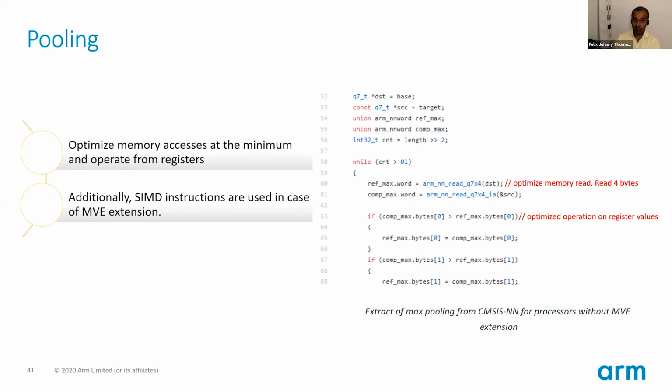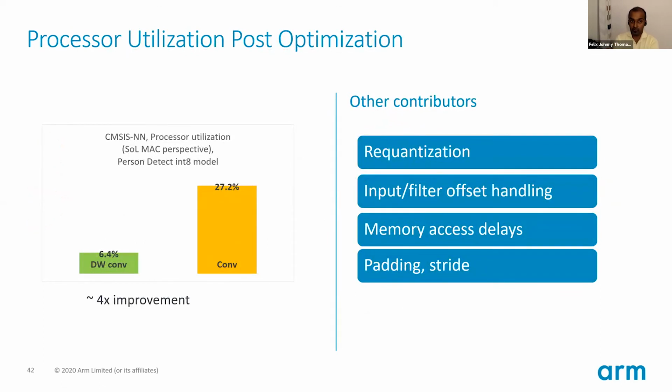So with all this done, how does the processor utilization look post-optimization? This is the result of processor utilization with CMSIS-NN kernels, and you see that it's an approximately 4x improvement. I know it isn't the 60 or 70% that you might have hoped for, but the reason for that is your operators do many more things than just a MAC operation.